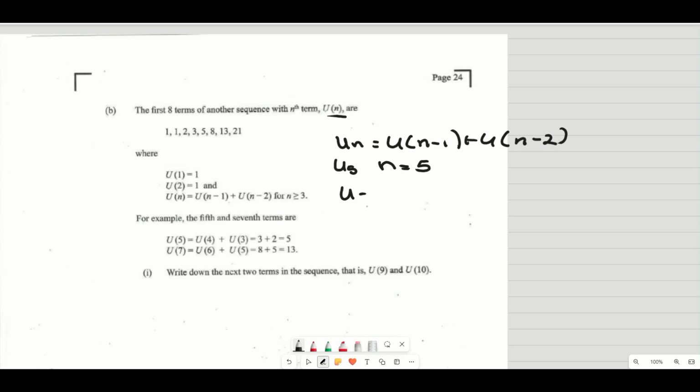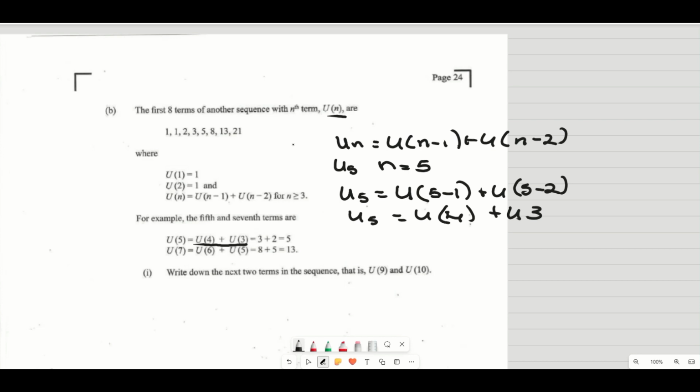So u5 will be equal to u open bracket 5 minus 1 plus u open bracket 5 minus 2. So u5 would be u4, since 5 minus 1 is 4, plus u3, since 5 minus 2 is 3. And that is how they got this here.